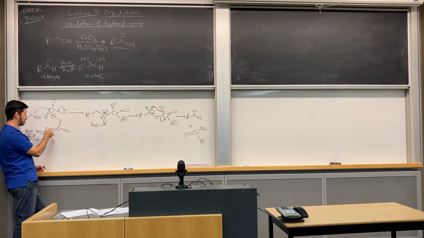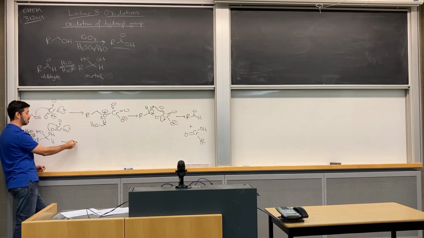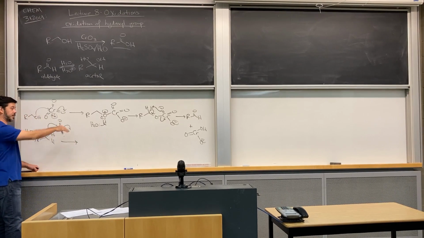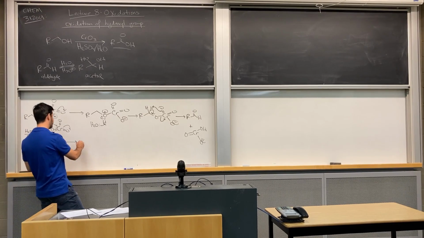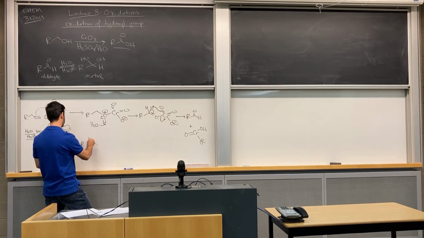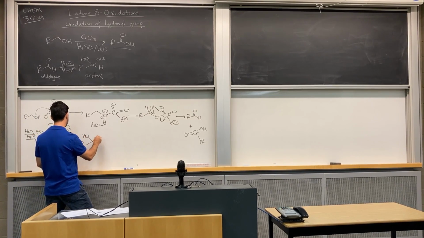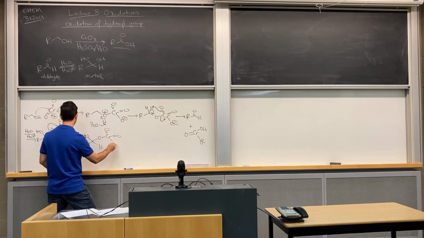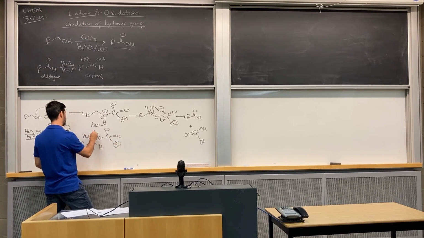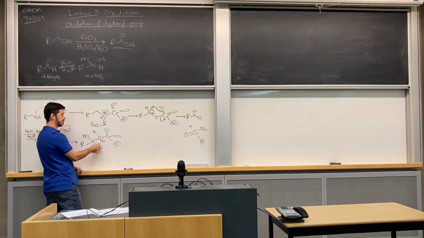And you can see here that it's going to follow a very similar pattern to what I've drawn on top, directly above it here. So now one of these OH groups will come and attack the chromium. Positive oxygen here, just like we'd seen before. So water is your best base.